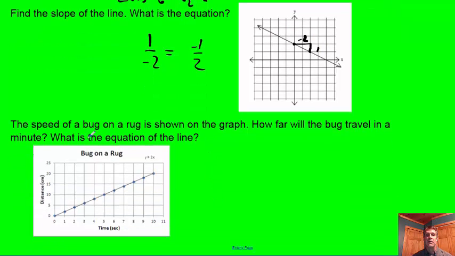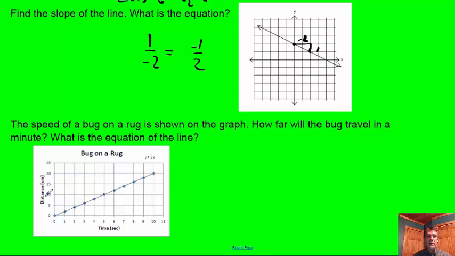All right, one word problem here. We're almost done. The speed of a bug on a rug is shown in the graph. Okay, how far will the bug travel in a minute, and what was the equation of the line? All right, so here we go. I've got this bug here, and I want to find the slope. So I'm going to try to find an intersection here, and I've got one right here.